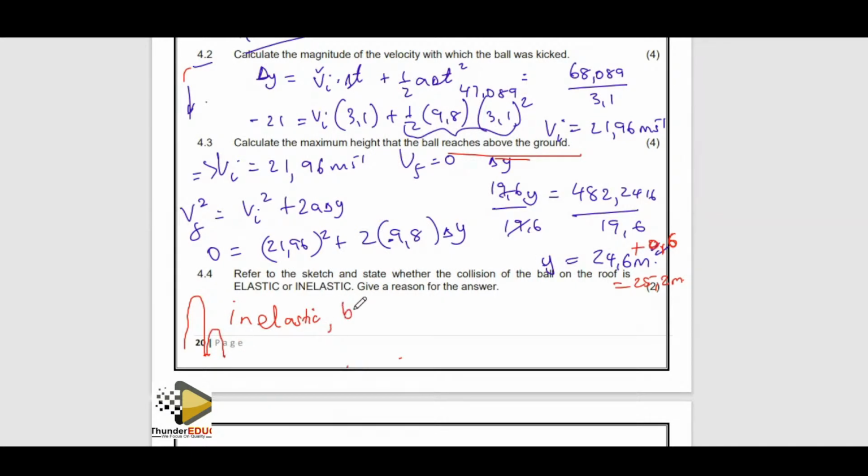So we can say the ball bounces lower than the maximum height that was reached before. If the ball had decided to bounce higher, then it would have been elastic.